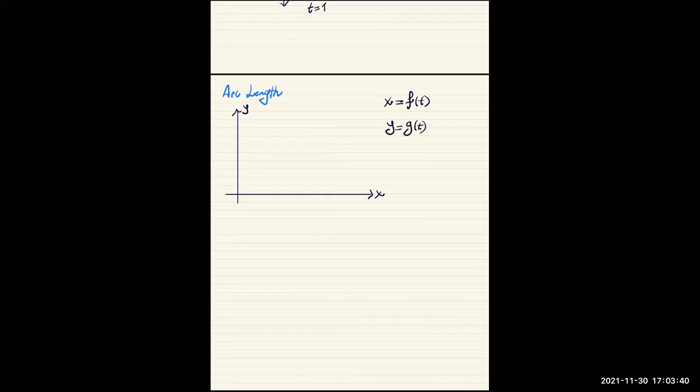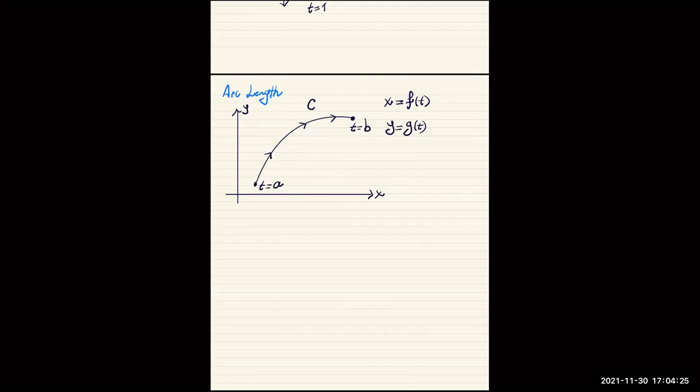These are continuous functions, and assume that these parametric equations generate this parametric curve. Or, if we are talking about motion, this would be the path of a particle. Let's say this point corresponds to t equal to a, and this point corresponds to t equal to b. This is the curve, and this is the orientation.